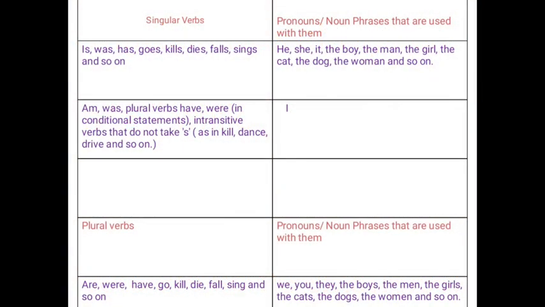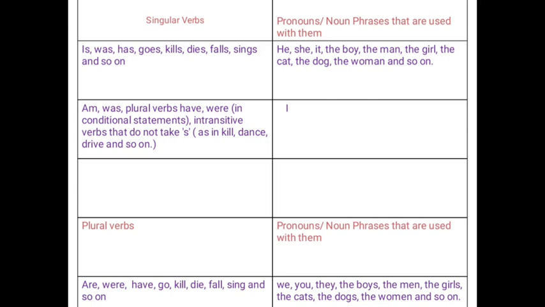From this table, we can see that singular verbs go with pronouns like he, she, it, and noun phrases like the boy, the man, the girl, the cat, the dog, the woman, and so on.